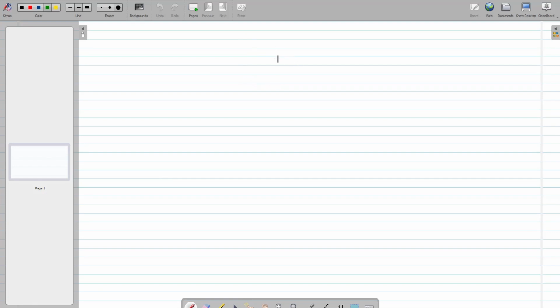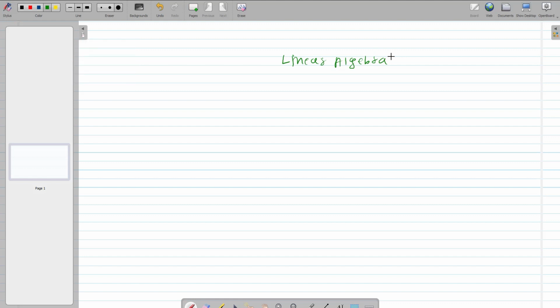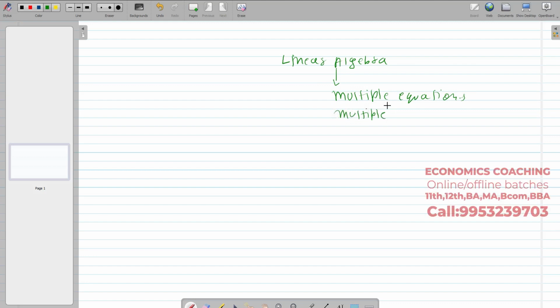Okay, so today we will talk about linear algebra. Linear algebra and the Leontief model. Linear algebra is that area of mathematics that is used when we have multiple equations, or a system of equations, and we have multiple variables or multiple unknowns.